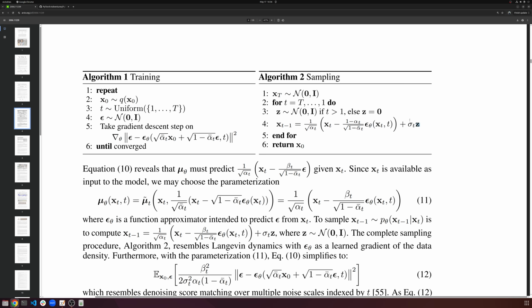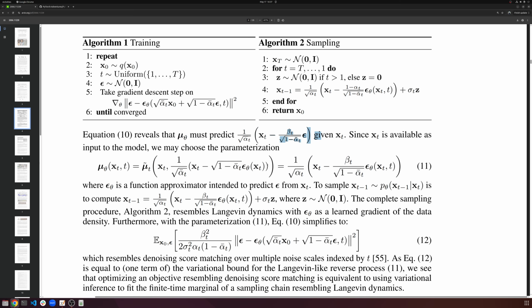And that is essentially the formula, right? That's basically what we derived right here, exactly right here. So equation 10 reveals that mu theta, right? We'll see why it's theta later, must predict this thing here. And so this is where our equations come from. That's the main purpose of all of these equations.